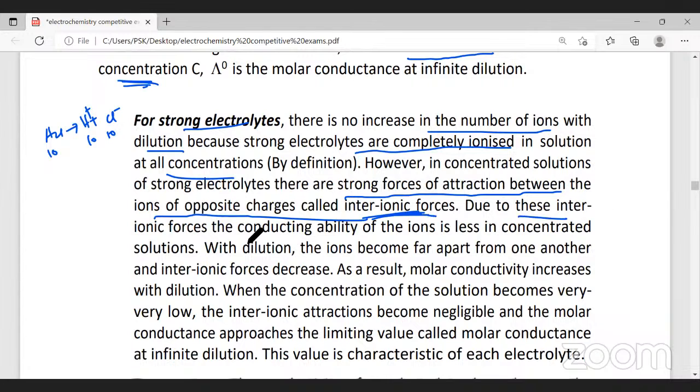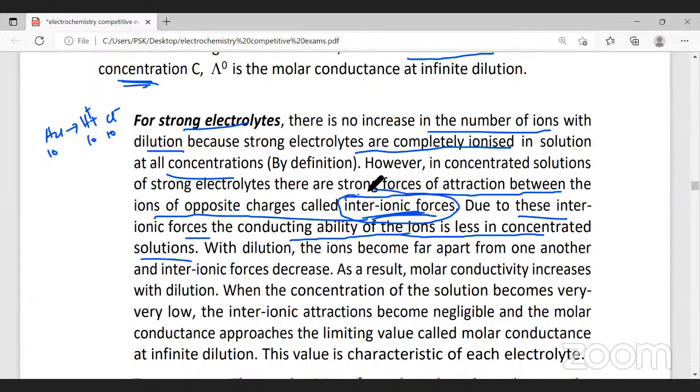Due to these, the conducting ability of the ions is less in concentrated solution. We learned that as concentration increases, molar conductance decreases, because of the increase in interionic force. When the concentration increases, ions are close to each other.